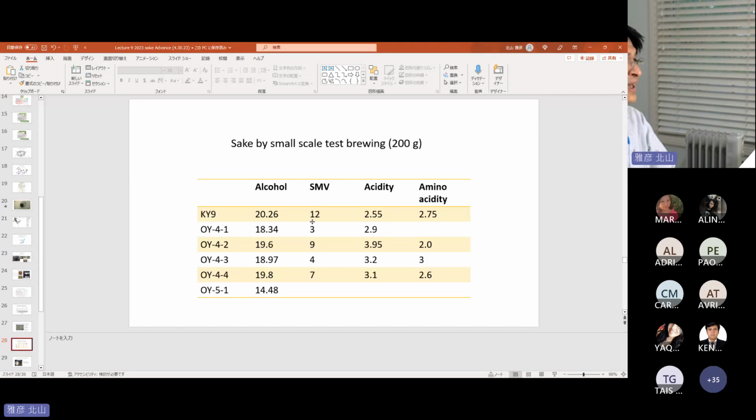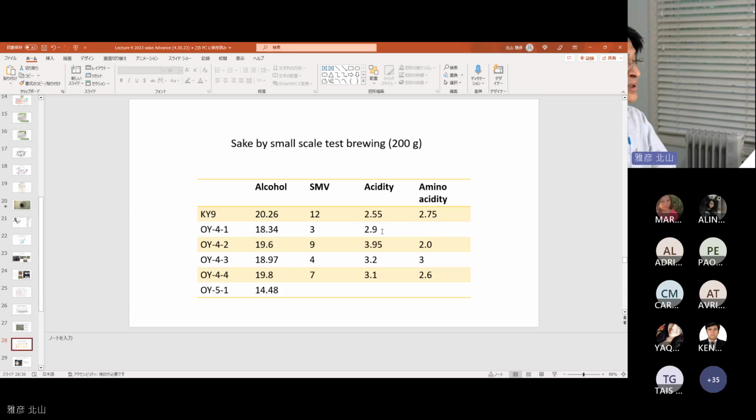3947. Sake produced by OY4 is not as dry compared with sake produced by the number 9 strain. But still this number is not bad, it is good. We can enjoy sake with an SMV of 3947.